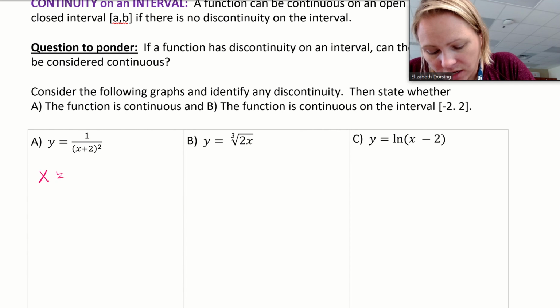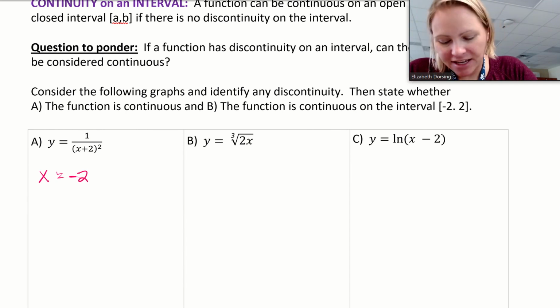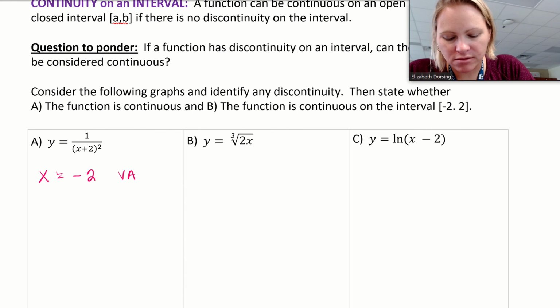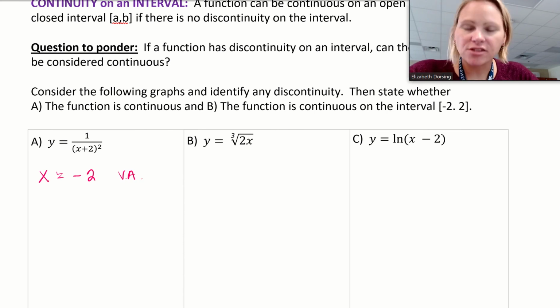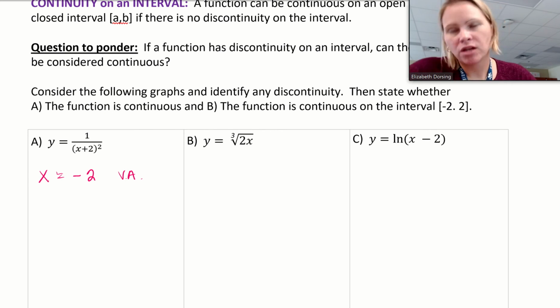X equals -2. It was staring me right in the face. X equals -2 is going to be some sort of vertical asymptote when I look at the graph. And so I'm going to have some discontinuity there. So I know that at -2, there's something happening. So just because I have a discontinuity there, does that mean that I can't call this a continuous function? We'll come back to that.